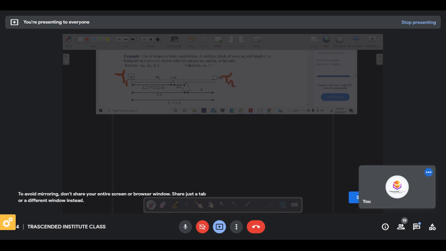And the weight of the plank, at the center. So that's the third one. This mass is actually acting on the center there. That's what we're calling torque 3. Can anyone see another one, or are these the only ones?